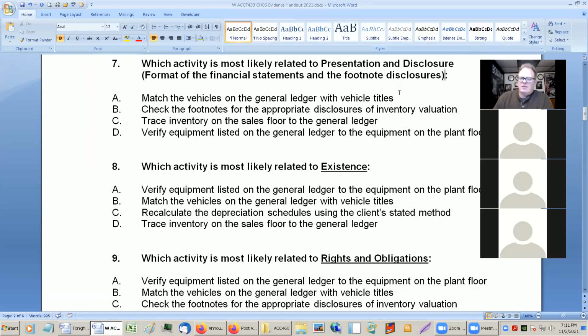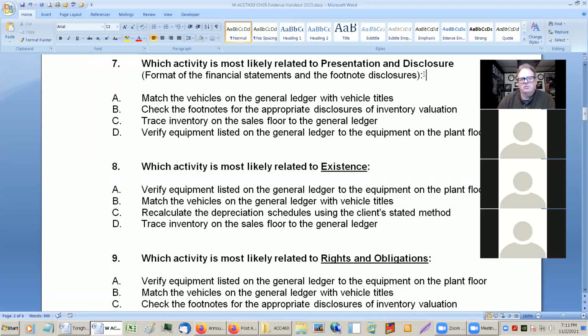So what you don't want to have a company do is have something that is misleading. For instance, having something that looks like a revenue that's really a liability or something like that. So the format of the financial statements, and then also that the footnotes need to match up with the financial statements.